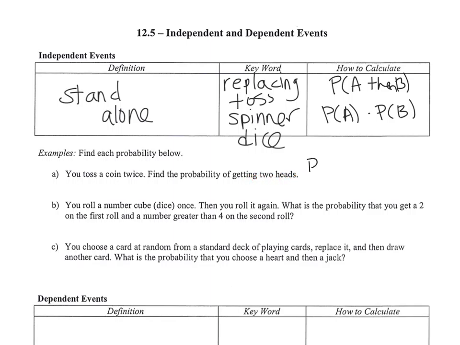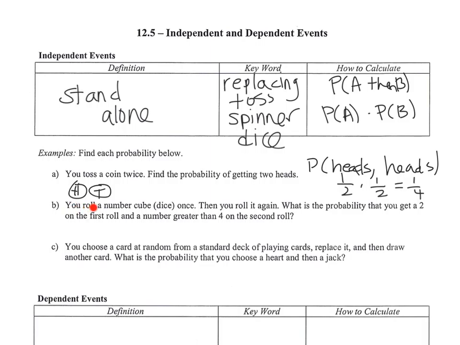So this would be the probability of getting heads, then the probability of getting heads. The probability of getting heads on a coin is 1/2 because you can either get heads or tails. So it's going to be 1/2 times 1/2, which is 1/4.